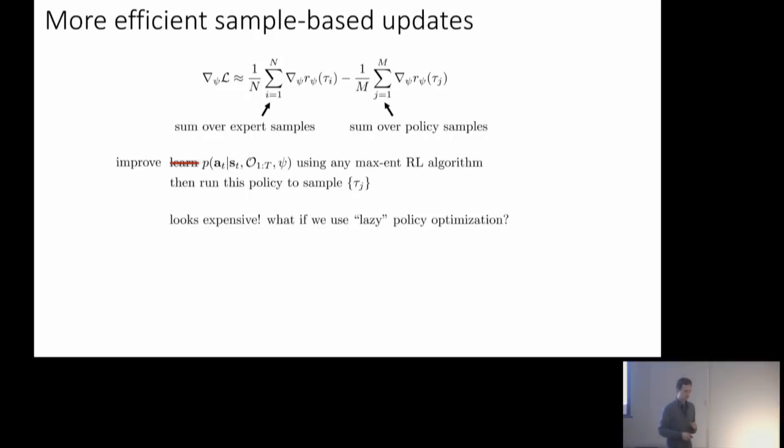So maybe instead of running Q-learning all the way until you get the optimal policy, you just run like 10 steps of Q-learning. Or you run a couple of steps of policy gradient, or even one step of policy gradient, to get a policy that's closer to the one that is optimal for the current reward. Because there's no sense in optimizing the policy, especially early on, when your reward function is so terrible that the corresponding policy is not going to do anything sensible anyway.